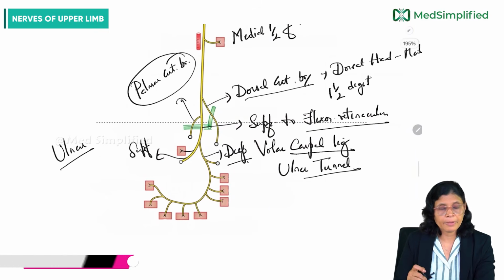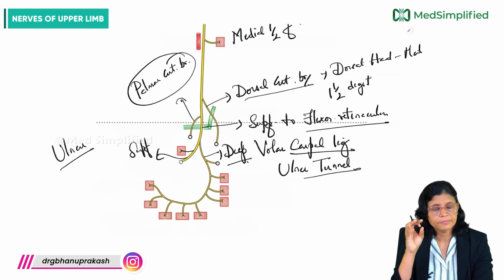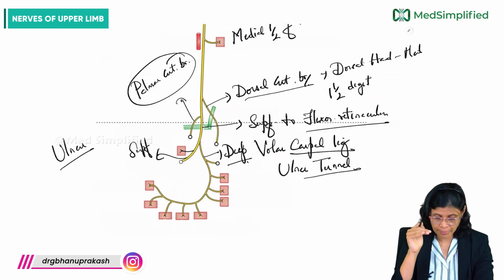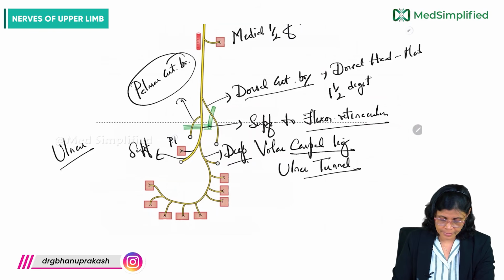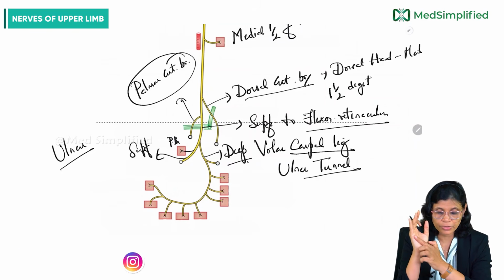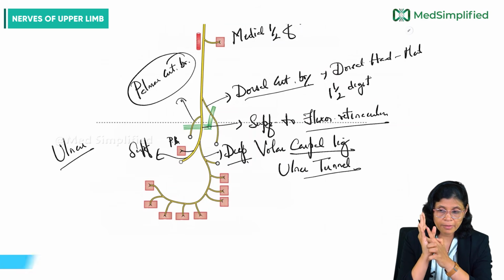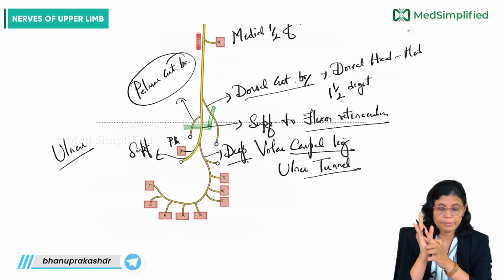It supplies only one muscle, the subcutaneous muscle, which is the palmaris brevis, and provides sensory innervation to the skin on the palmar surface of the medial 1.5 digit. Because the palmar branch is already given, it doesn't supply the skin here. The superficial branch will supply the skin over the palmar aspect of the medial 1.5 digit.